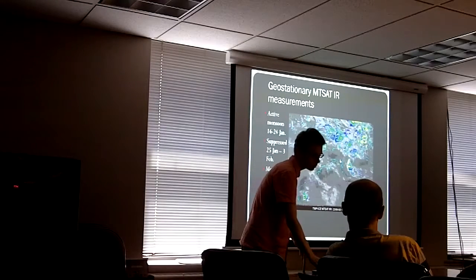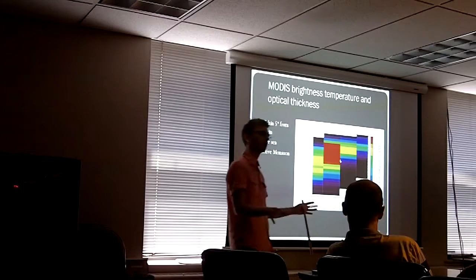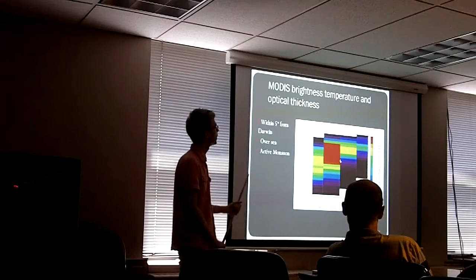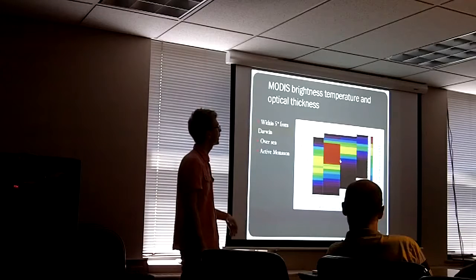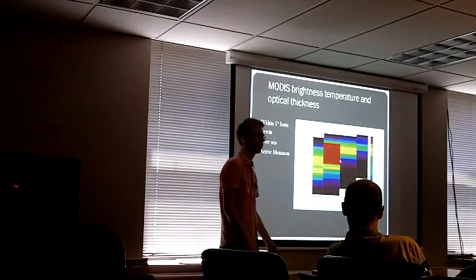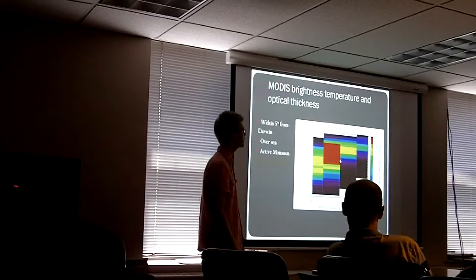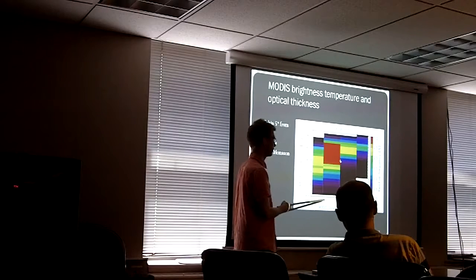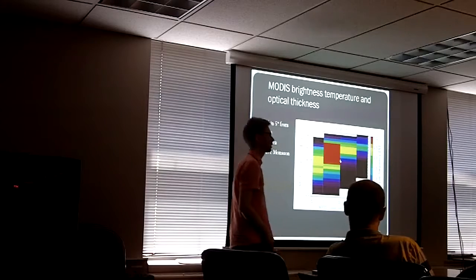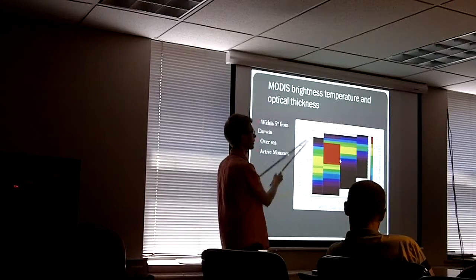So I use MODIS, which is in the A train, and I use MODIS brightness temperatures and optical thickness. And so this is a 2D histogram of clouds in different optical thickness ranges and at different temperatures.